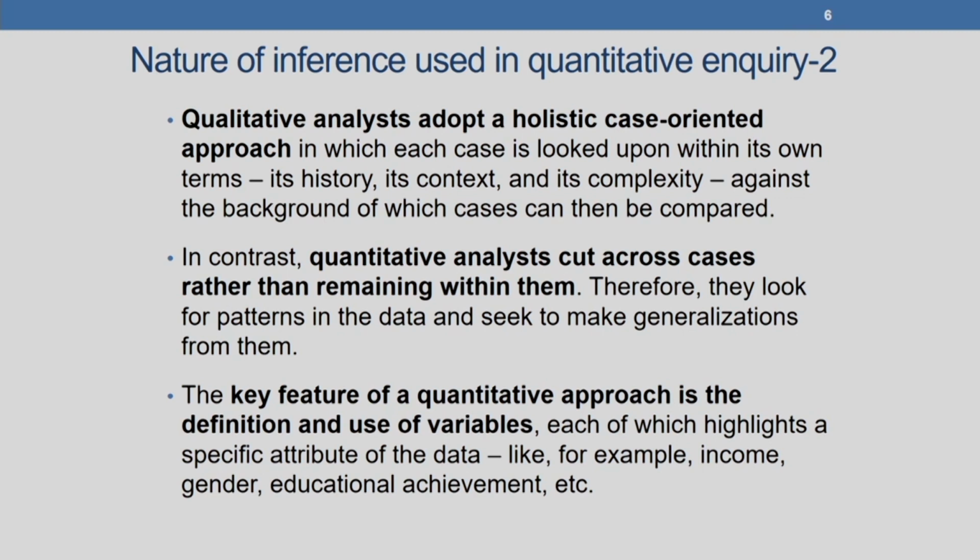As I was mentioning, the key feature of a quantitative approach is the definition and use of variables, each of which highlights a specific attribute of the data, for example income, gender, educational achievement, and so on. Now, gender, being male or female, is a qualitative attribute, but we can always provide numbers to them for bringing them into the quantitative analysis domain.